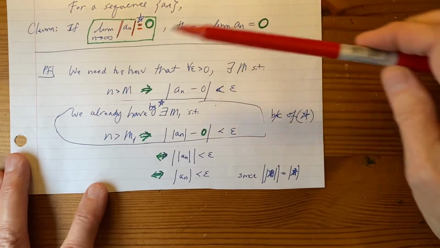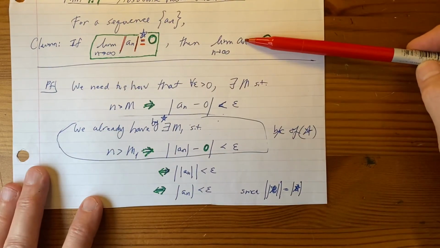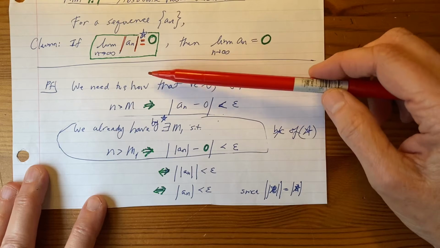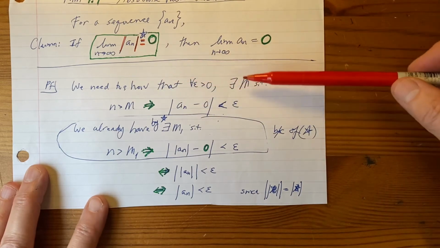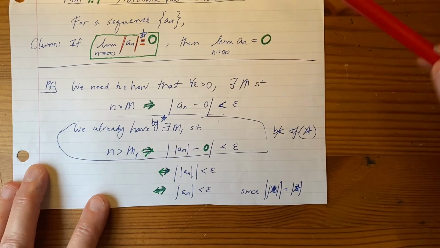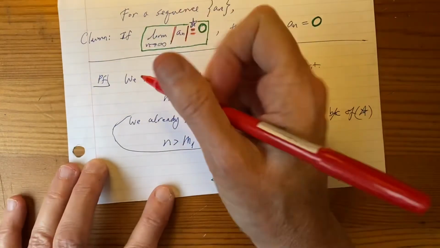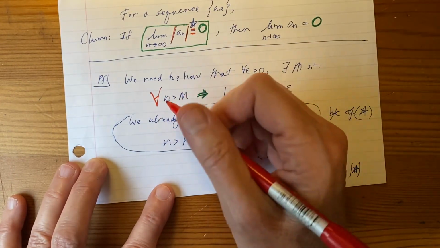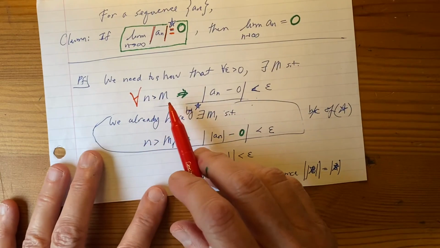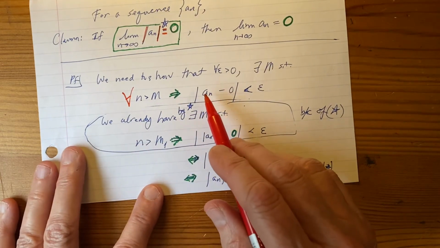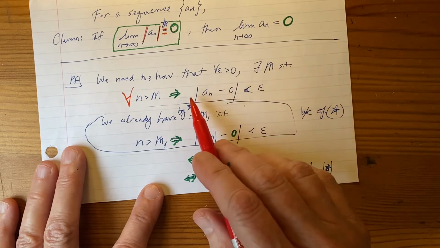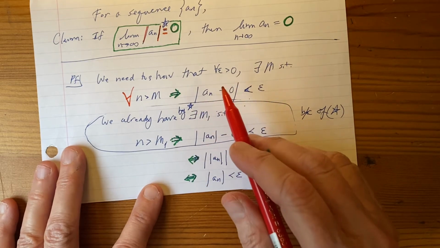Why is that? To show that this limit exists, by the epsilon-M definition of the limit of a sequence, we would have to show that for all epsilon there exists some large M such that for all n greater than that M, it implies the distance between a sub n and 0 is less than epsilon. Okay, that's our goal.